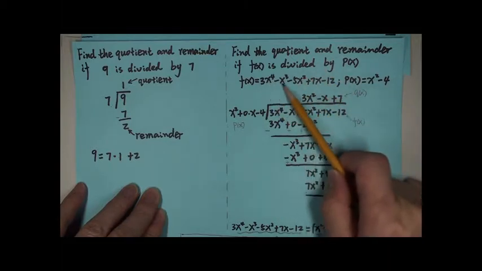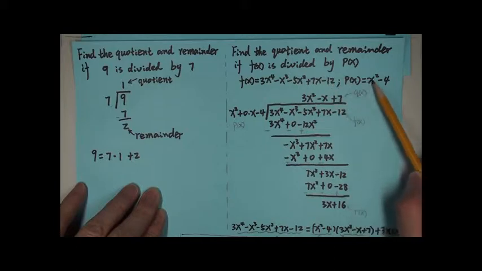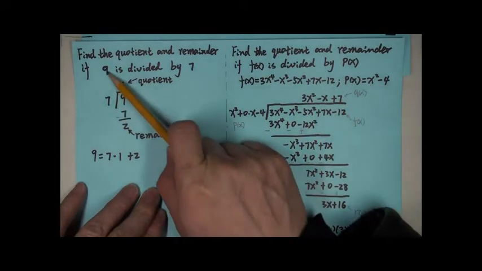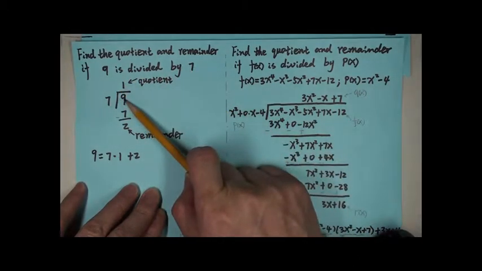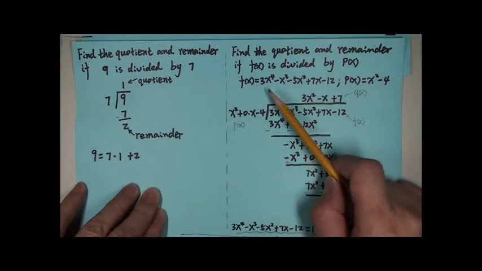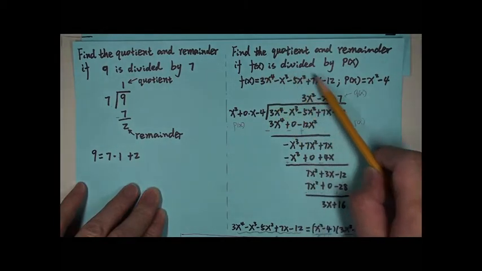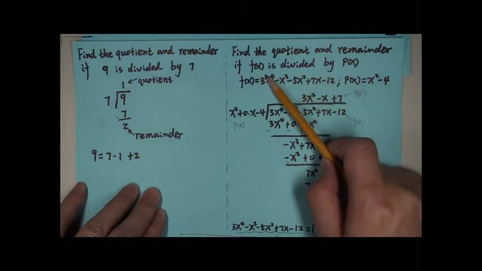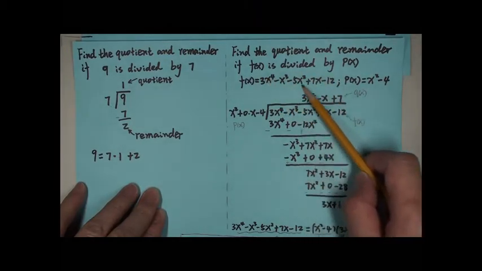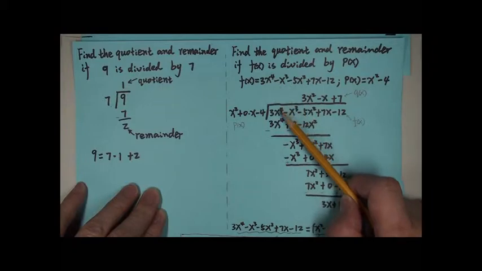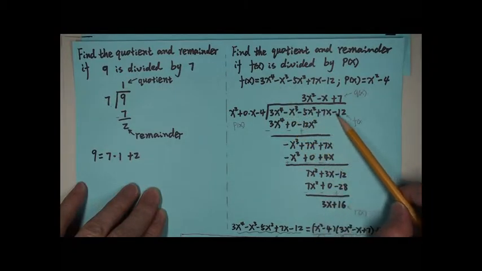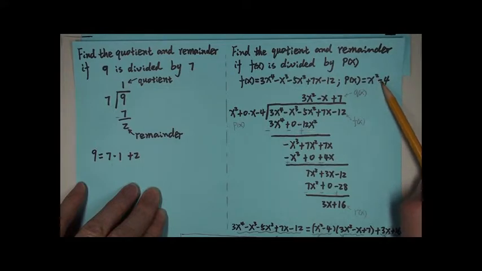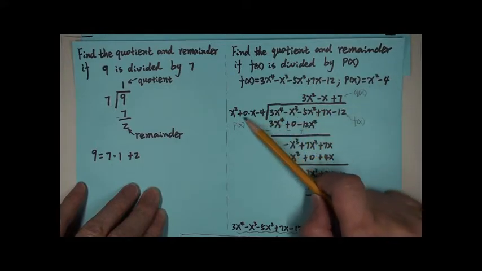So we can divide this polynomial by this one like what we did with 9 divided by 7. f of x goes inside, starting with the highest term, 3x to the fourth, and x squared minus 4 goes outside.